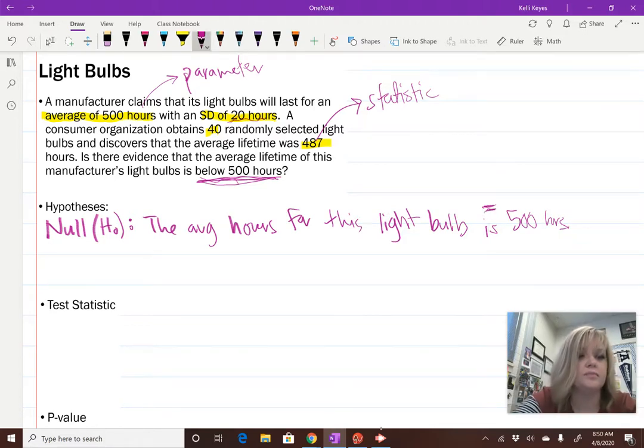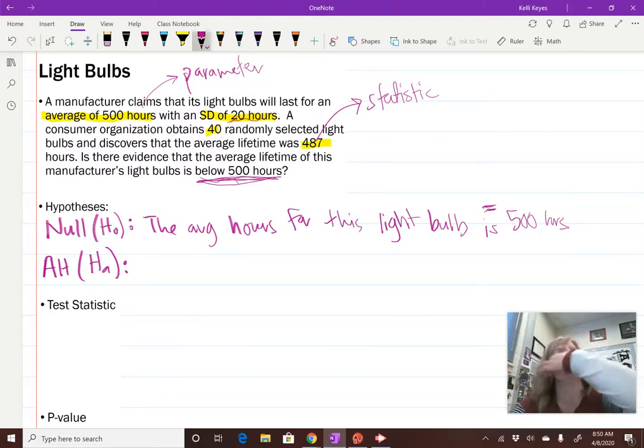Then the alternative, which is denoted as H sub A, the HA, is, and this is where I can put the ditto marks, the average hours for this light bulb is what? What are they wanting to test: that it's less than, greater than, or just not equal to 500?